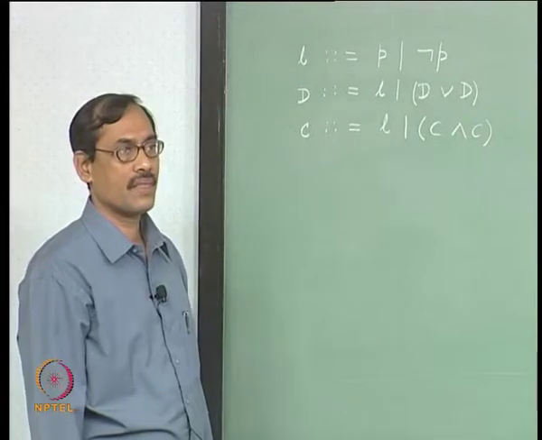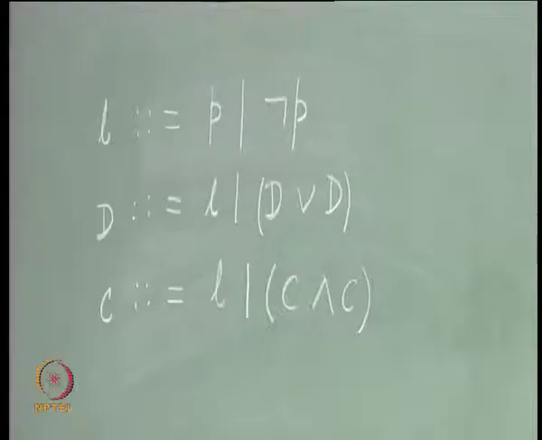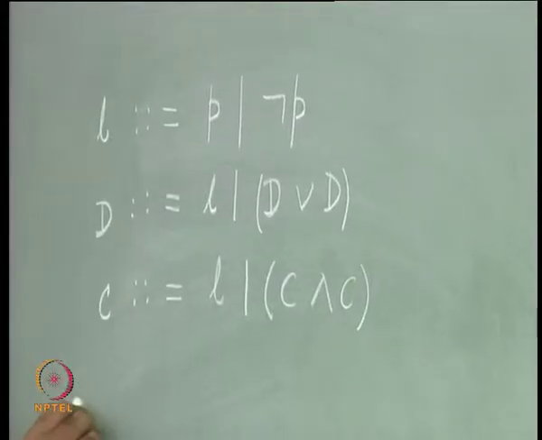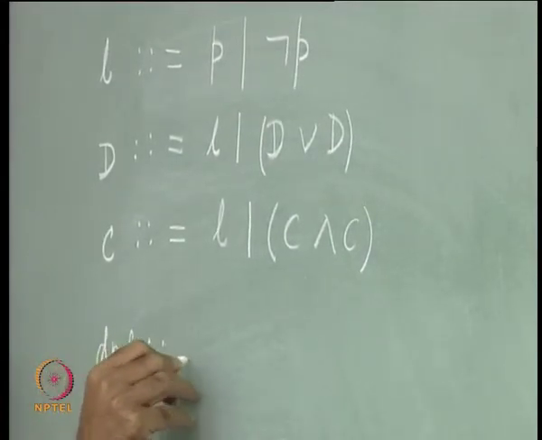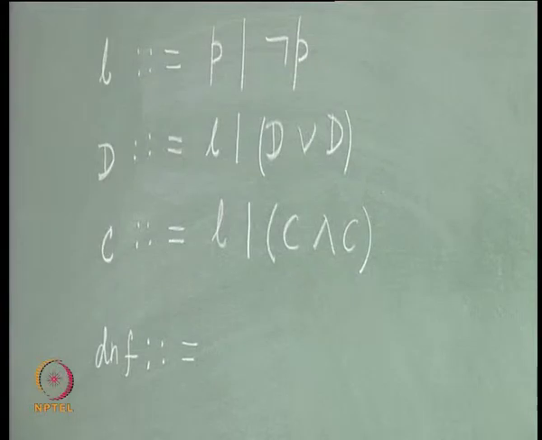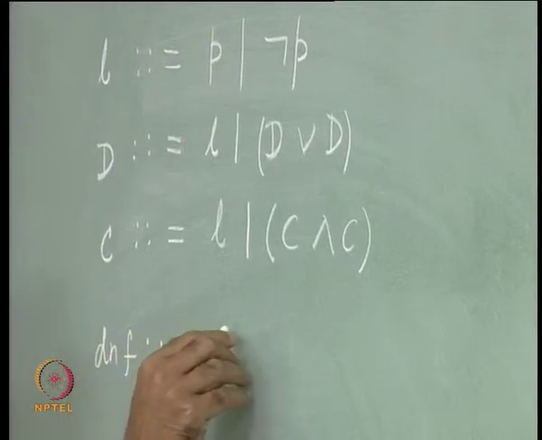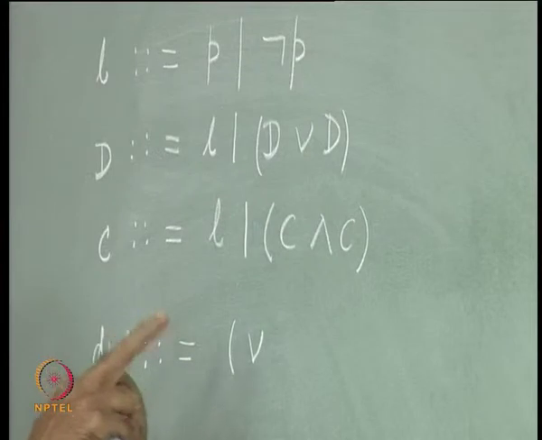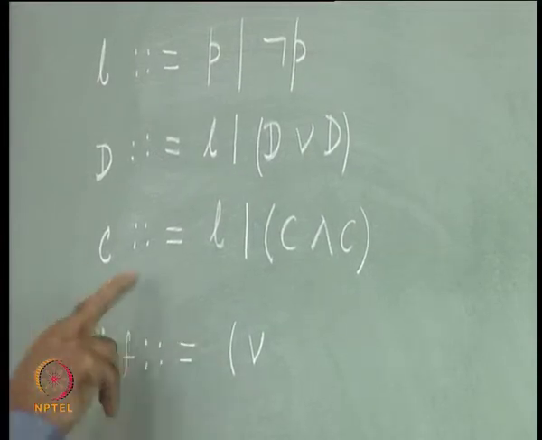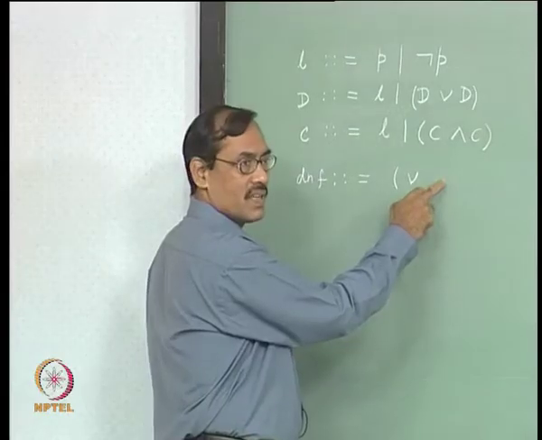Okay. Then finally, we define what we want. So, we say that a DNF can be disjunction of conjunctive clauses. Okay. So, the way we have to write it is a disjunction, should be or of a conjunctive clause and another conjunctive clause.